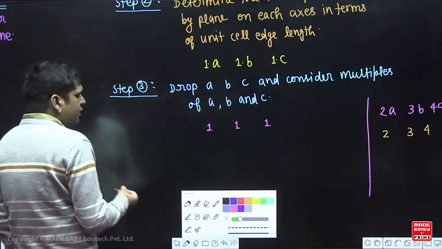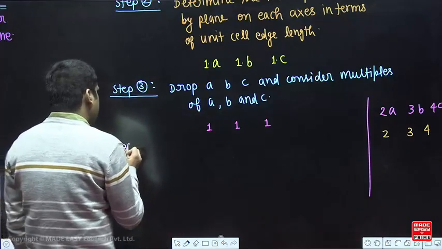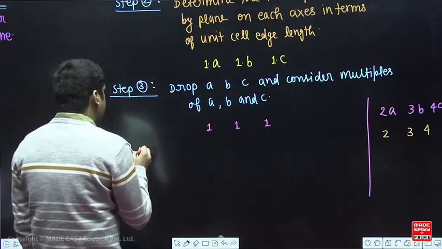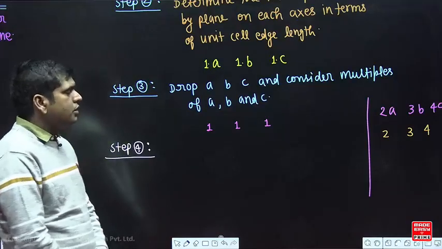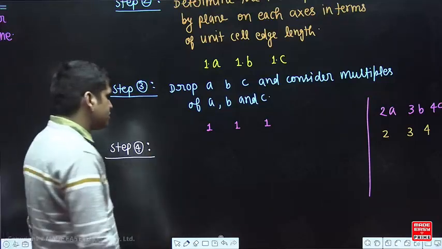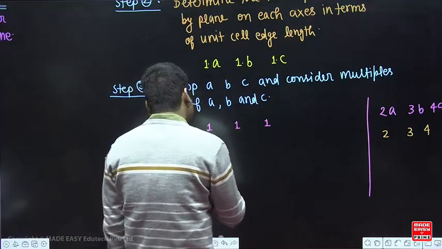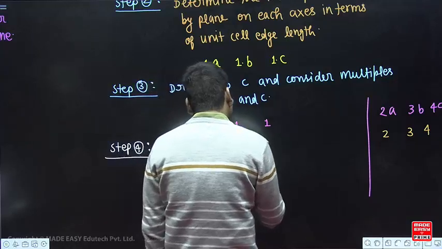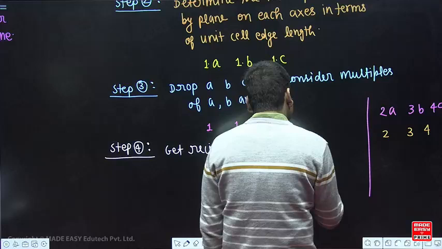Next step is very much different than the line. In the line, in this step we convert into multiples, into integers, but for the plane we have to perform one more step, that is get reciprocals of multiples.